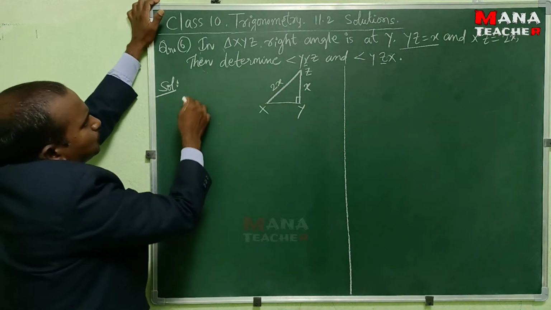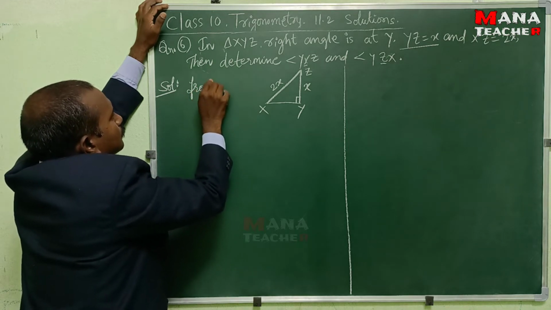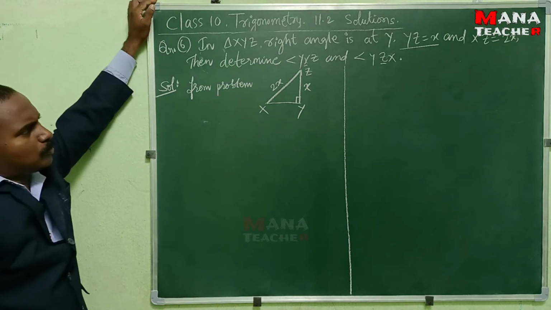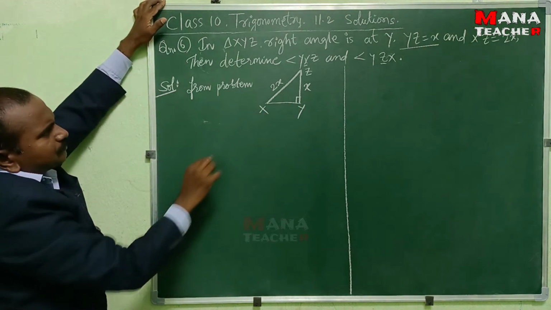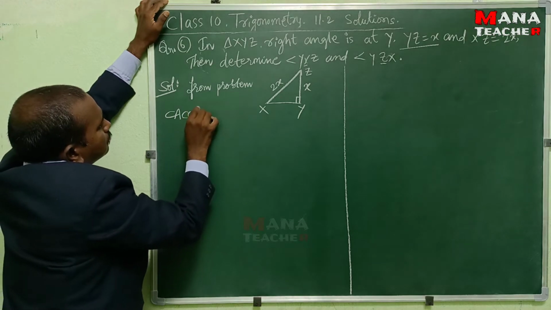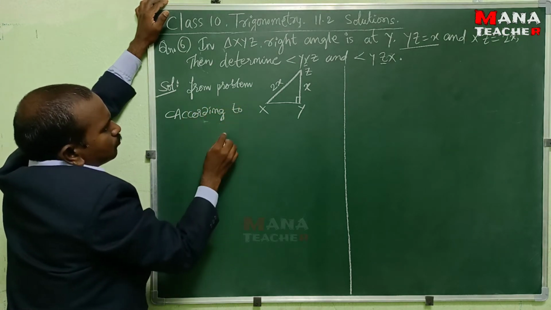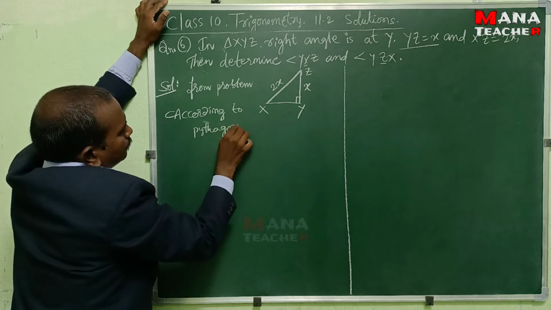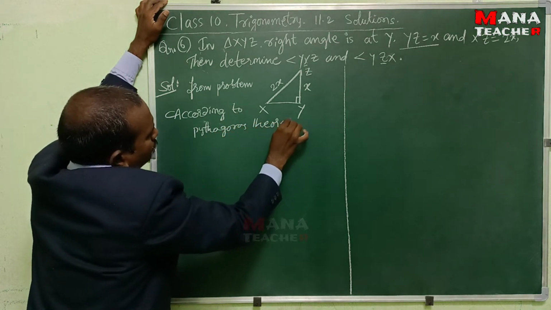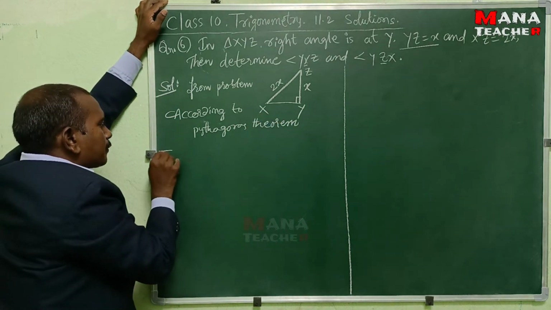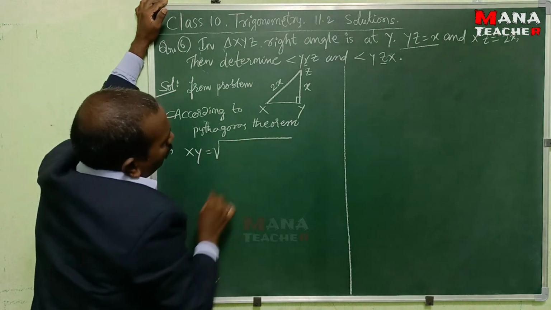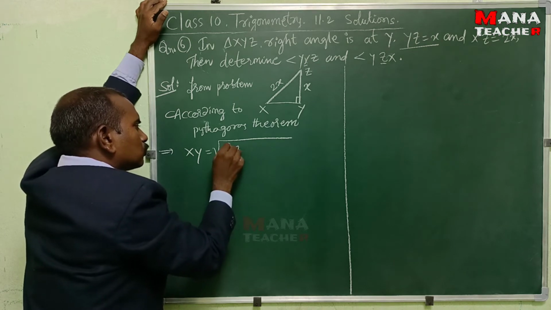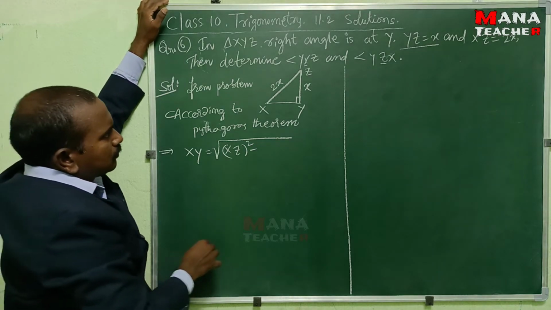From the problem, XY is not given. According to Pythagoras theorem, XY equals under root of hypotenuse square, XZ whole square, minus YZ whole square.